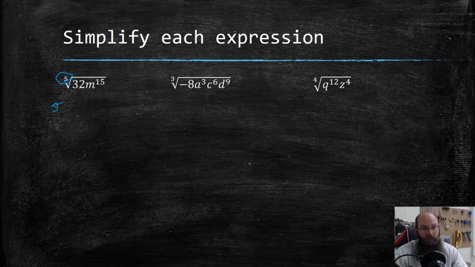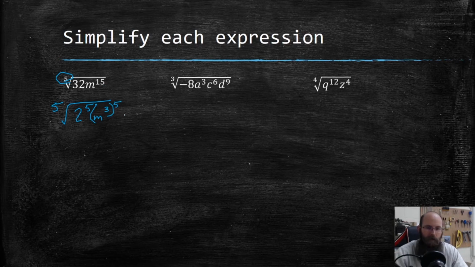So I'm going to simplify some stuff in here. This 32, that's the same as 2 to the 5th power. 32 is kind of a common one us teachers use a lot because it can be a high exponent, and so we can still get that. And then m to the 15th. Well, that's m cubed 5 times, or m cubed to the 5th power.